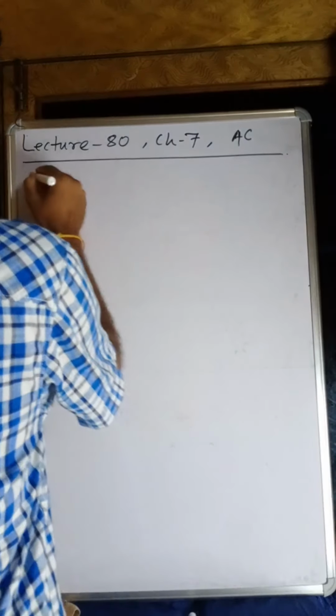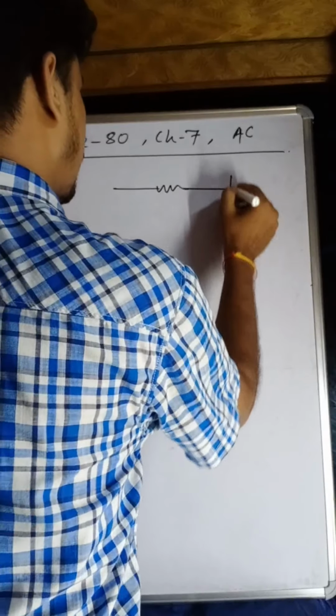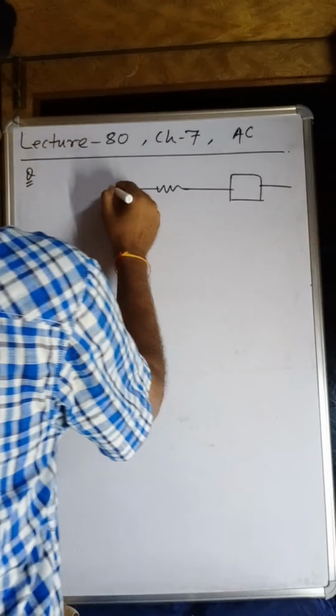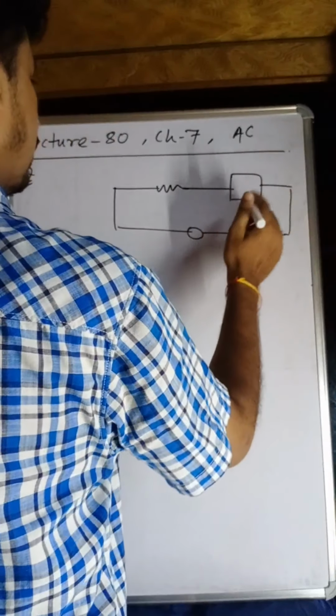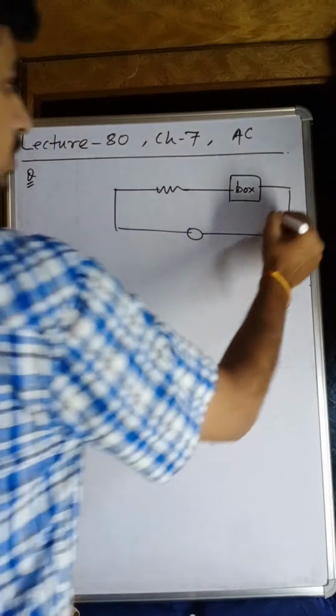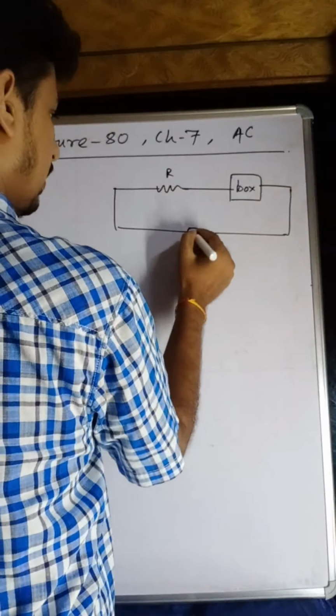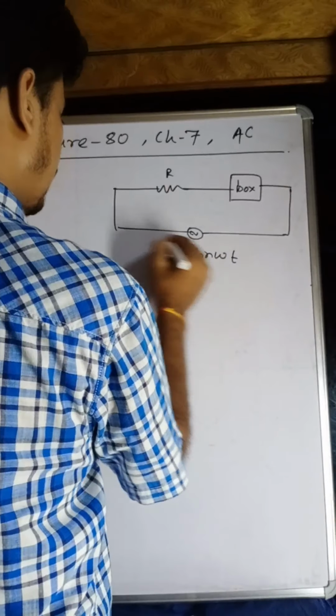My dear students, here a circuit is given, and you can see it is a box. This is a resistance, with AC supply E0 sin omega t.